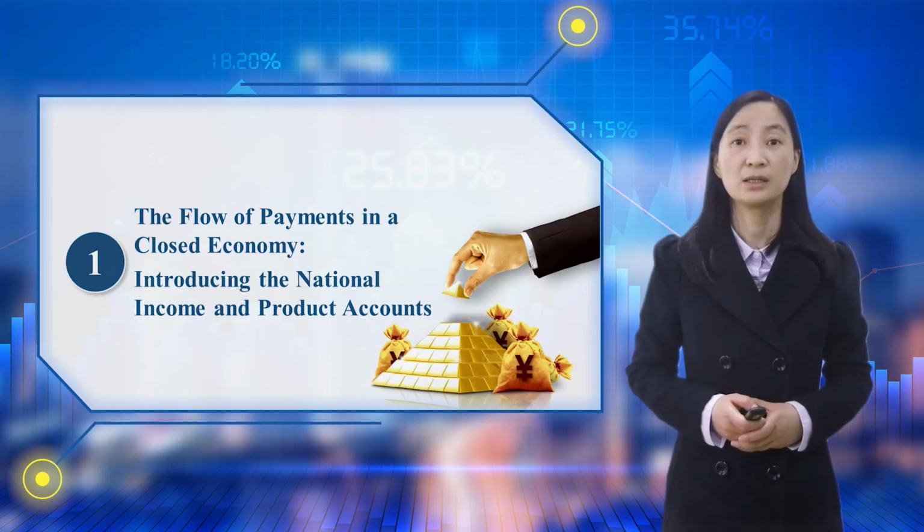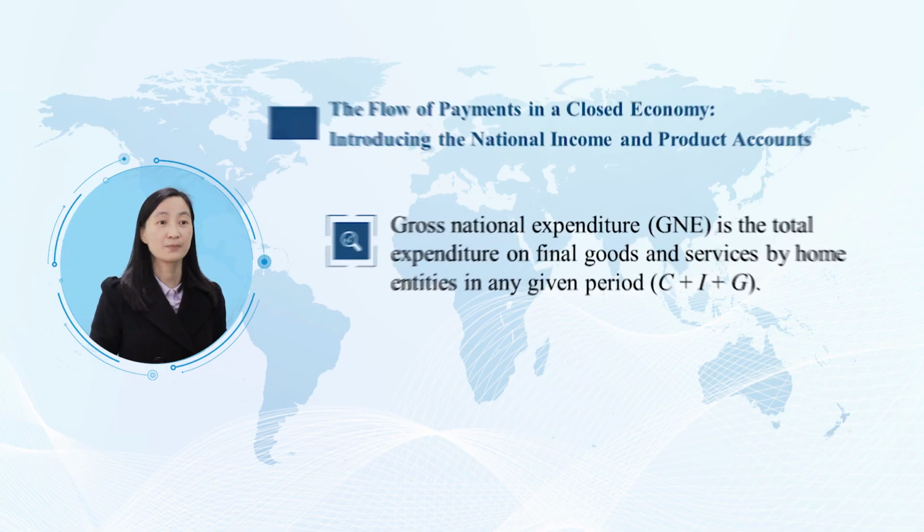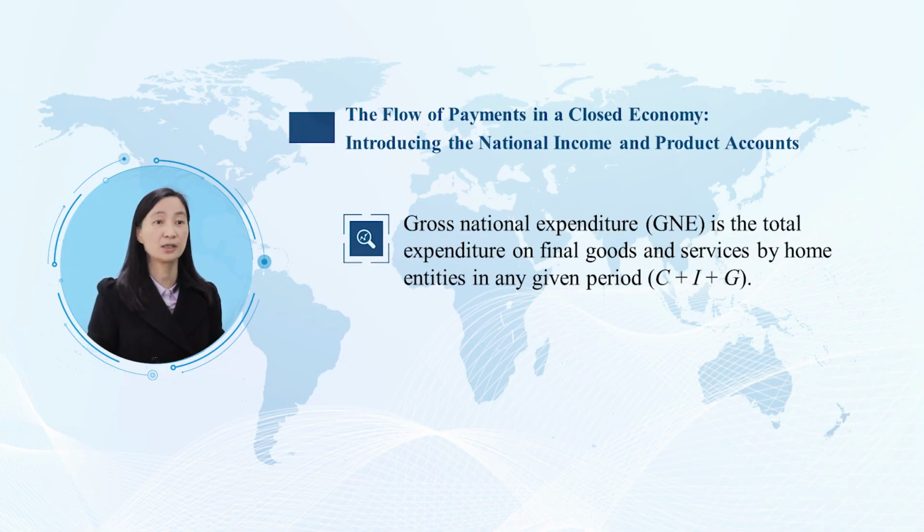When GNE is spent, where do the payments flow next? The spending counted in GNE constitutes all payments for final goods and services within the nation's borders. Because the economy is closed, the nation's expenditure must be spent on the final goods and services produced within the same nation.